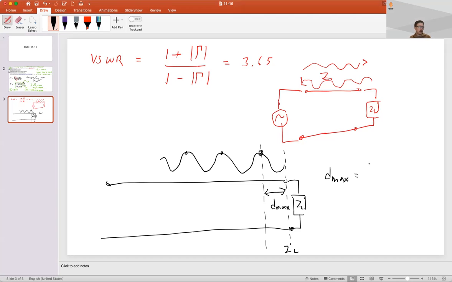We can find the maxima as a function of the angle times the wavelength over 4 pi plus n times lambda divided by 2. So this is the first maxima, this is the second maxima, this is the third maxima, and so on.